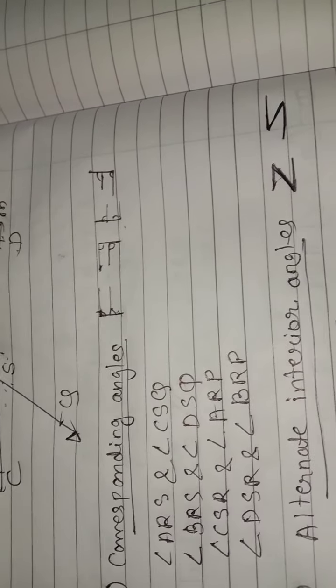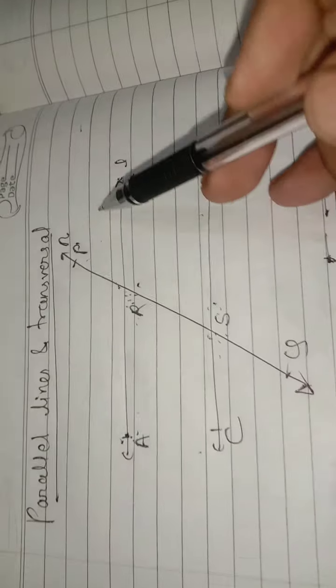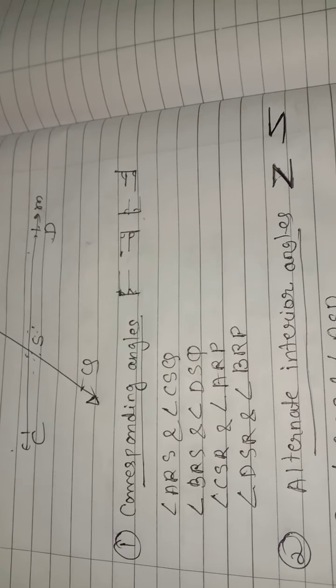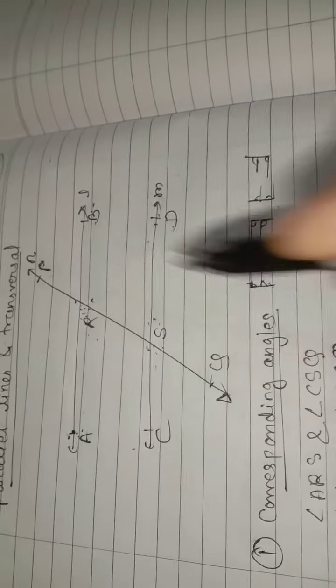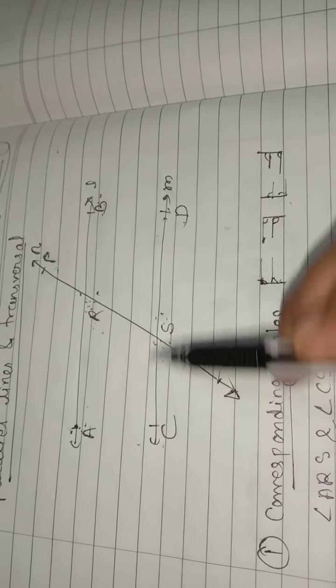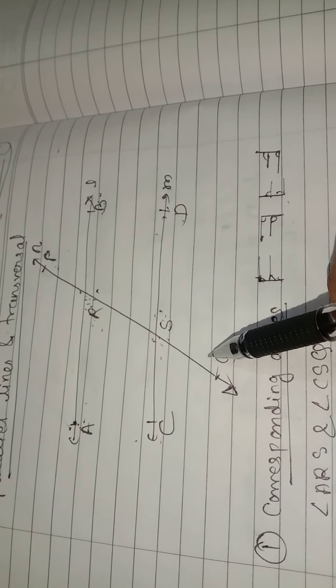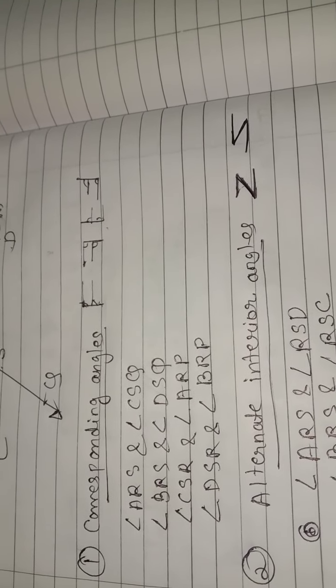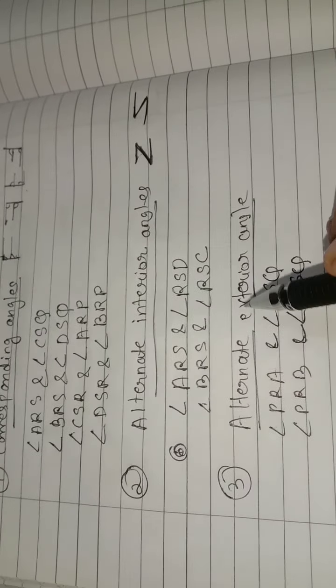Sorry, DSQ. Similarly, angle PRB and angle CSQ. So this is the alternate exterior angle.